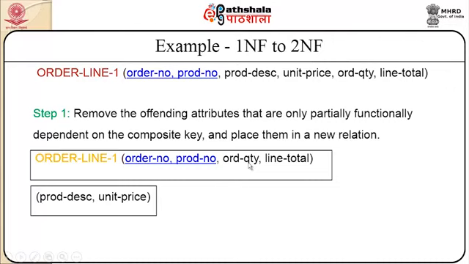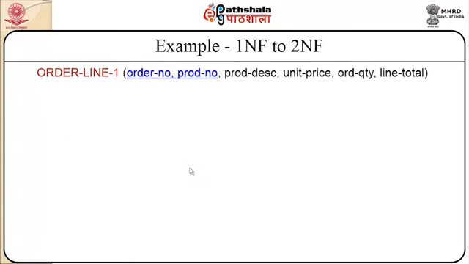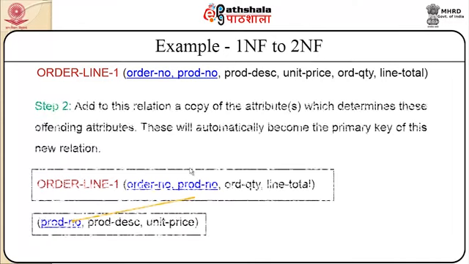Order quantity is dependent on order number and product number, and line total is dependent on order number and product number, whereas product description and unit price are dependent only on product number. So, I am removing all the partially functionally dependent attributes from the original relation and making it fully functionally dependent.